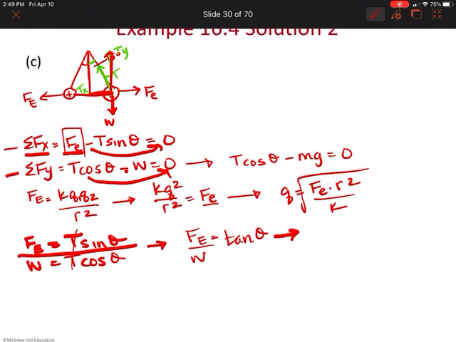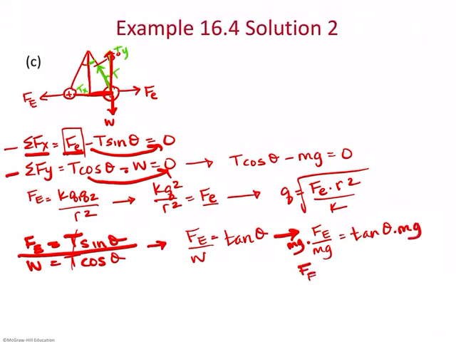You've got to remember that weight is mass times gravity. So I could move mass times gravity over, and I would have that the electrostatic force is equal to tangent theta times mass times gravity.